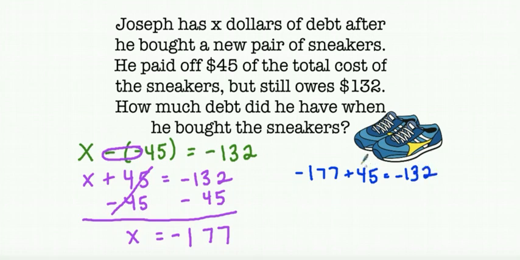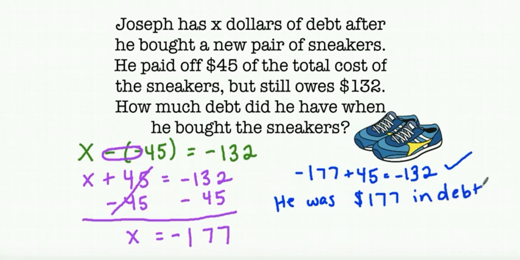And if we add 45 to negative 177, that is true. So that's how we know we did our work correctly. And so how much debt did he have when he bought the sneakers? So he was $177 in debt when he bought the sneakers.